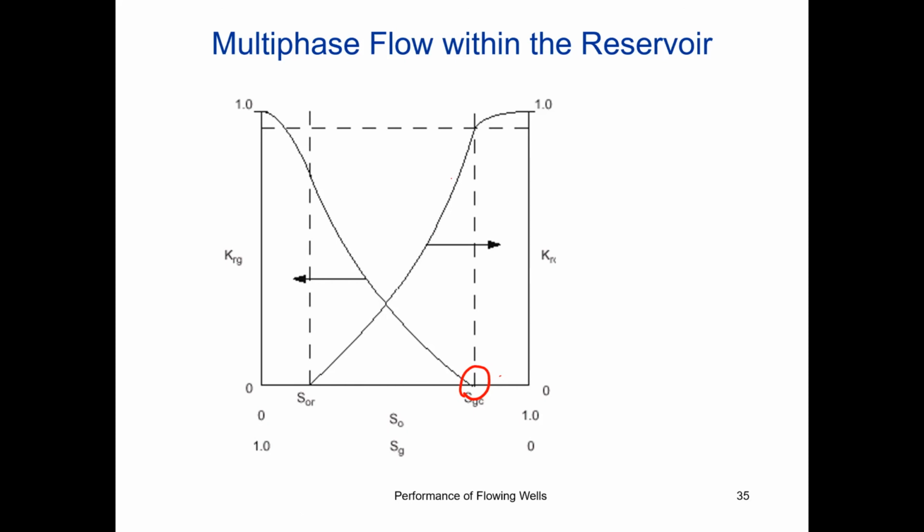That is the oil that, no matter how much you try, will not be produced unless you use an enhanced oil recovery technique. Okay? And obviously we can have water here as well. This is gas and oil. That would be three-dimensional, but we can have it. So that controls the flow in porous medium.